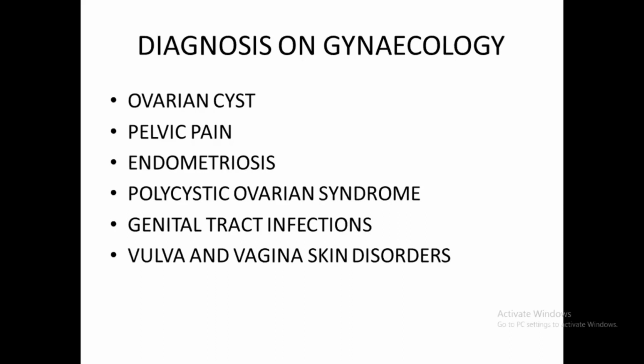In polycystic ovarian syndrome, the woman secretes a greater amount of testosterone compared to the other two hormones, progesterone and estrogen. So it is very hard for them to get pregnant, especially when they reach the age of 35 to 40.